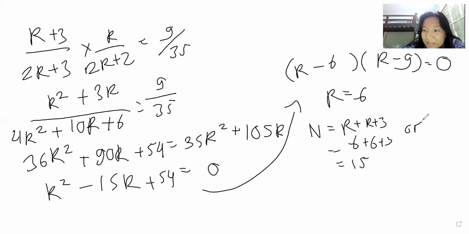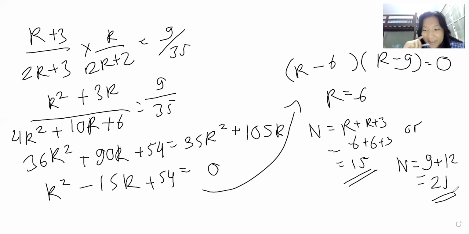Or the second option is, hold on, n equals 9 plus 9 plus 3, yeah, it equals 21. The possible answers for number 2 are 15 and 21 pens.